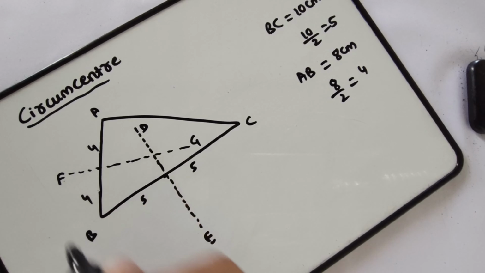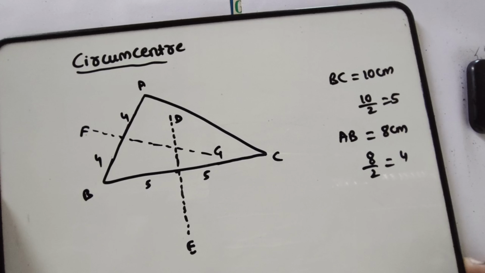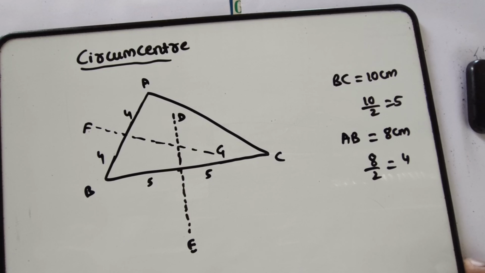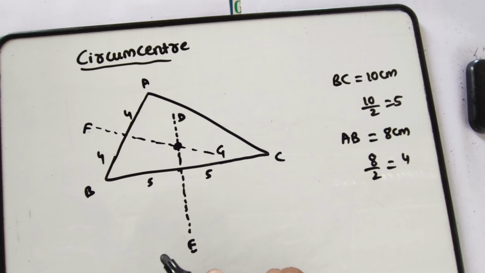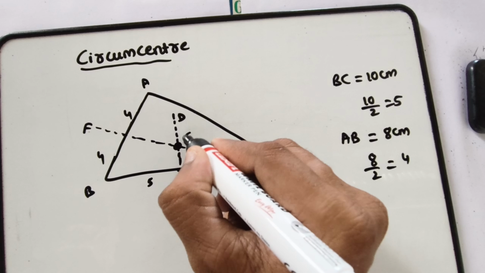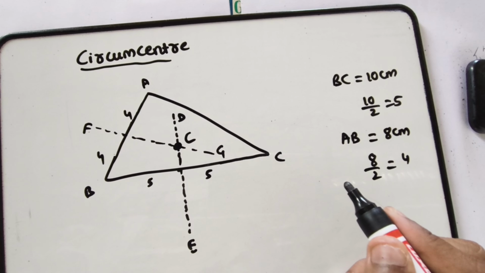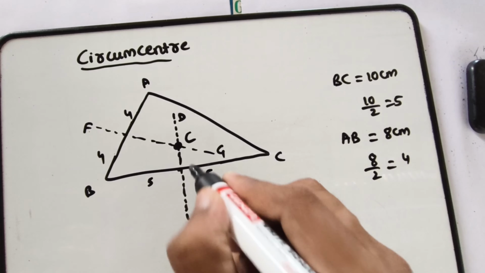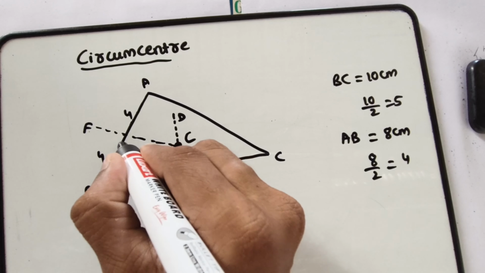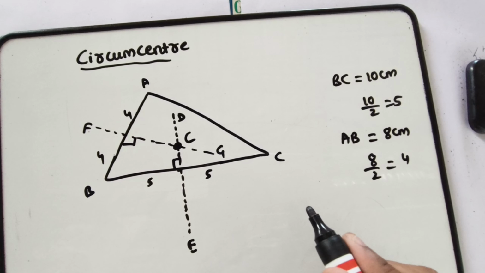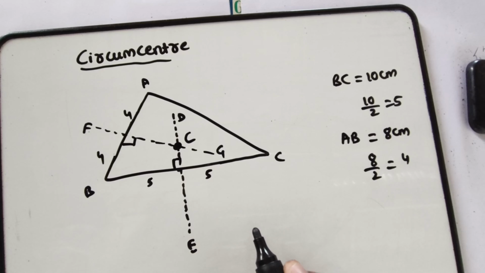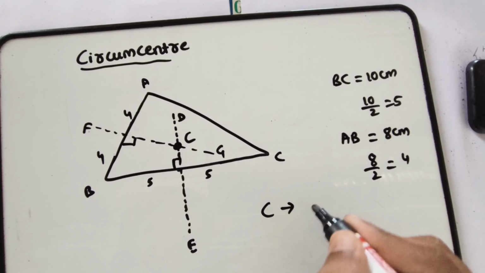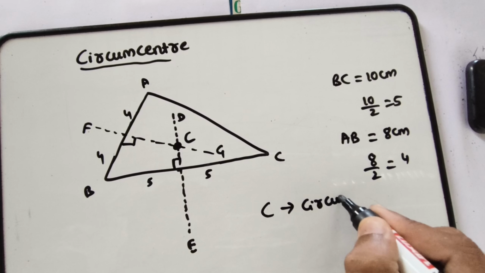This line bisects the AB side. See, this is the point where two perpendicular bisectors meet. That point C is known as circumcenter. You can draw one more perpendicular bisector from the midpoint of EC.